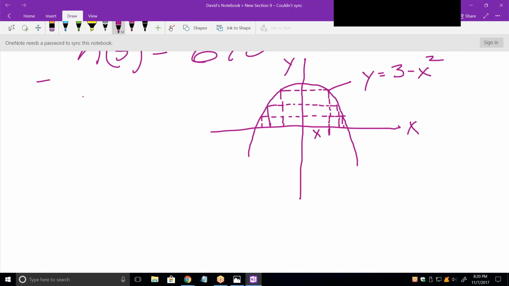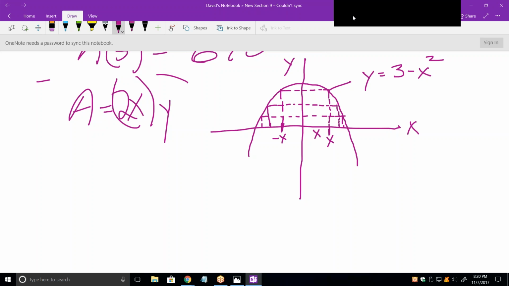So the area of the rectangle is 2x times y. You see why it's 2x? Because the base of that rectangle goes over to minus x. That point right there is x, and so the entire base of the rectangle is 2x. So the area is 2x times y.